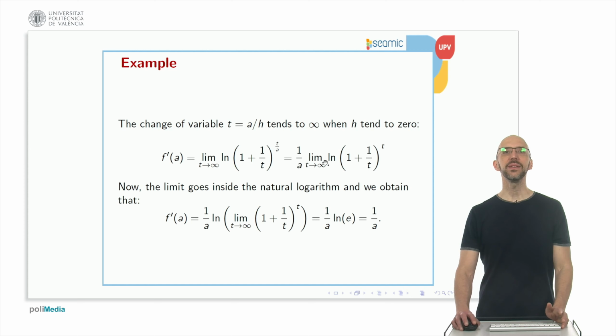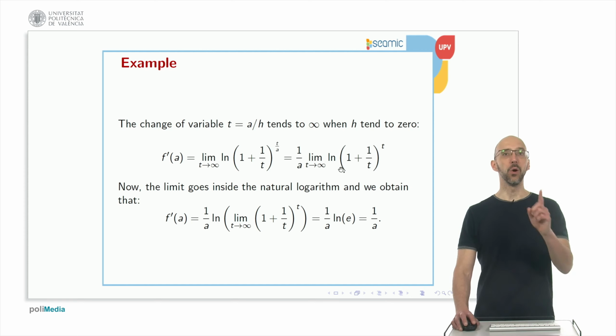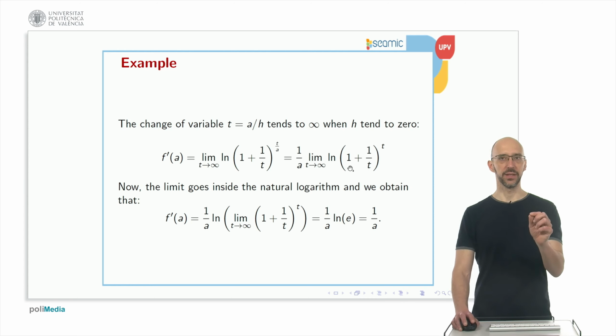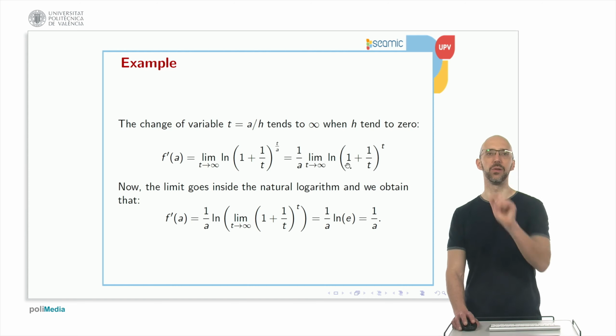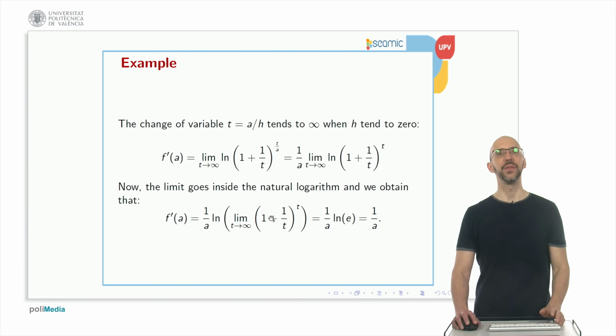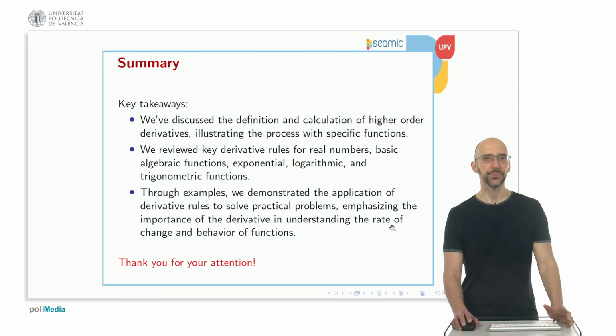And then, what is this limit, guys? This limit is the number e. And also, I can move the limit inside because the natural logarithm is a continuous function. So the limit can enter the logarithm, as I did here. And this is the number e. And you know that the logarithm of the number e is 1. So the final derivative is just 1 over a.